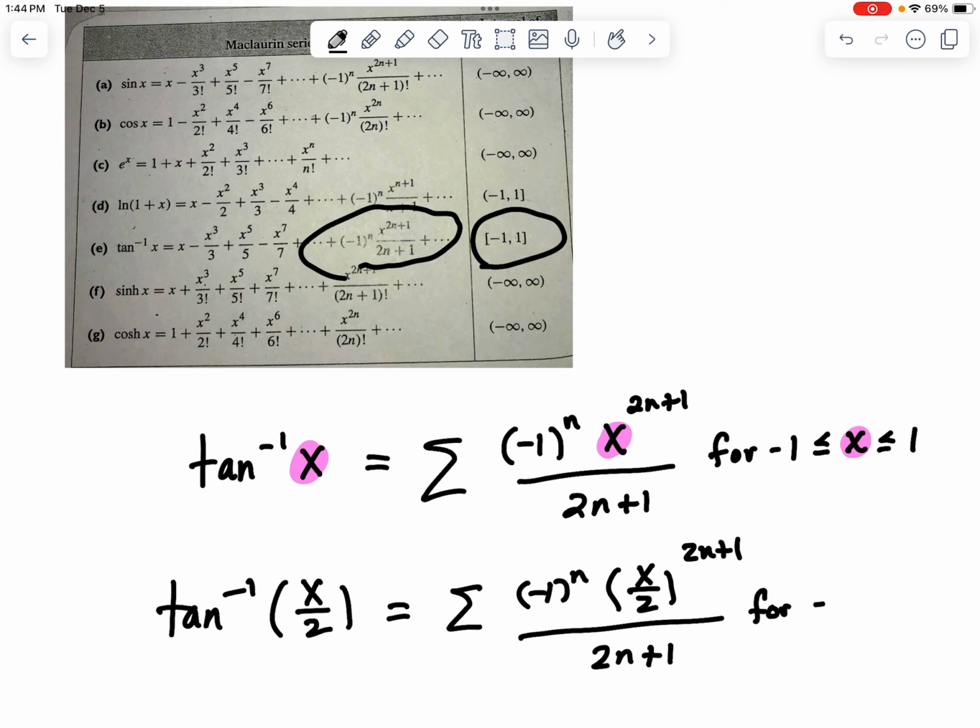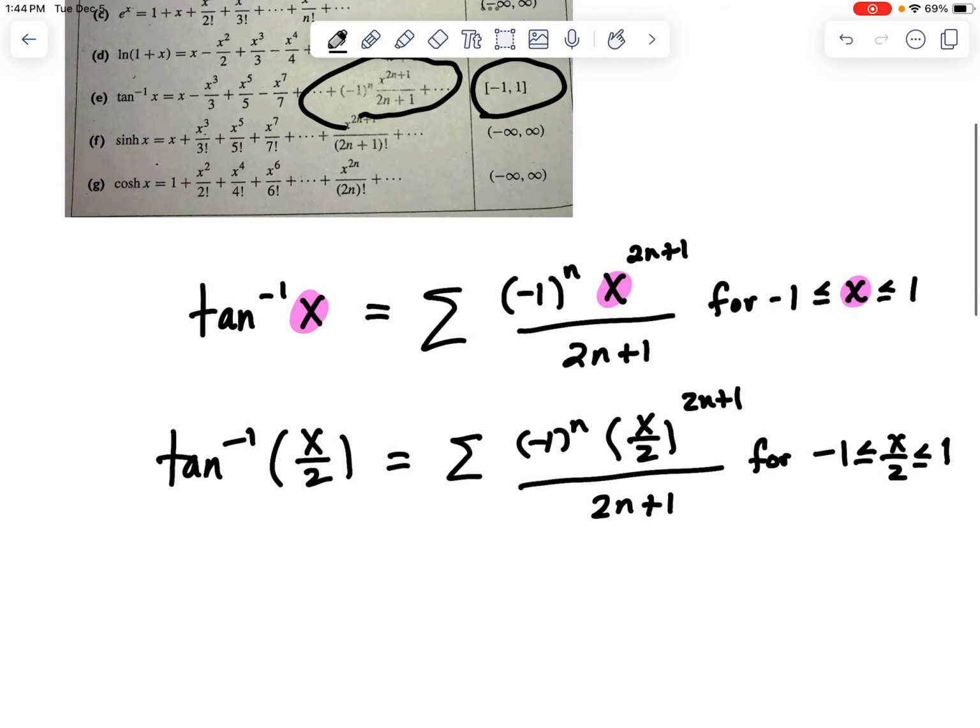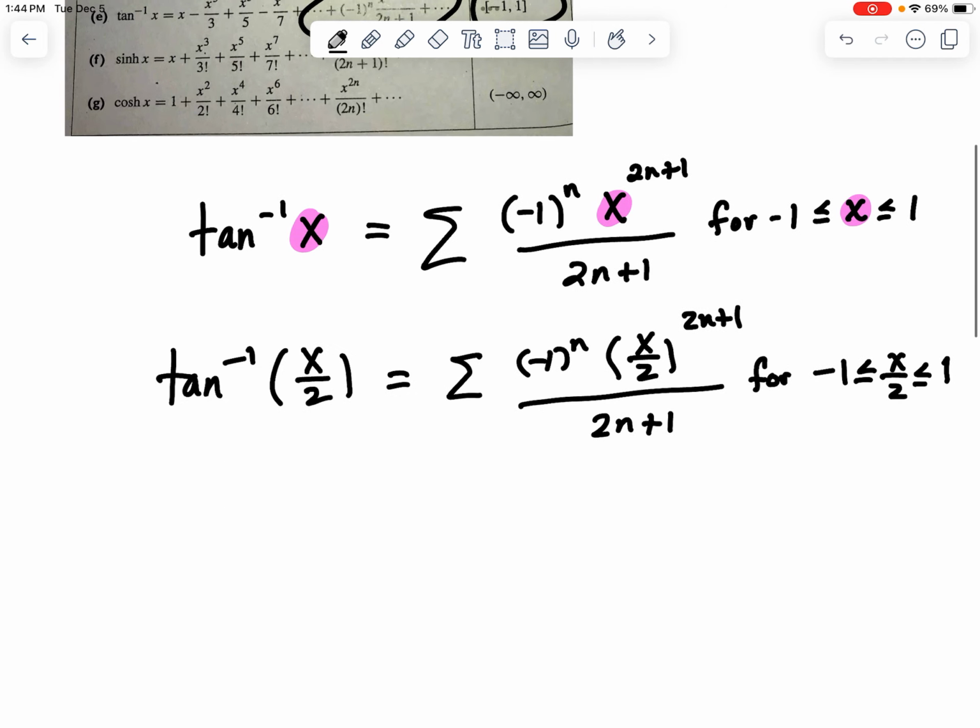And over here, replace the x with x over 2. And then basically we just need to clean that up a little bit.